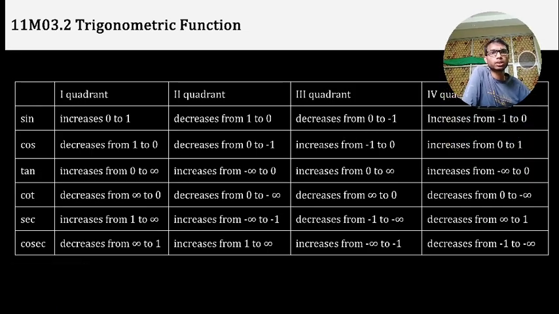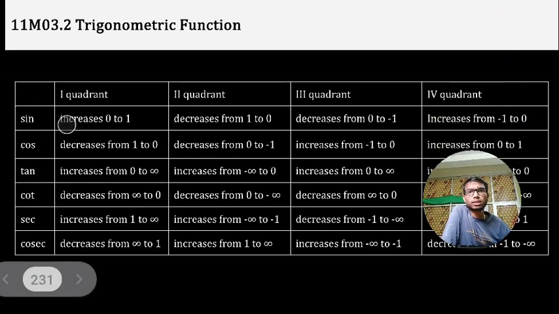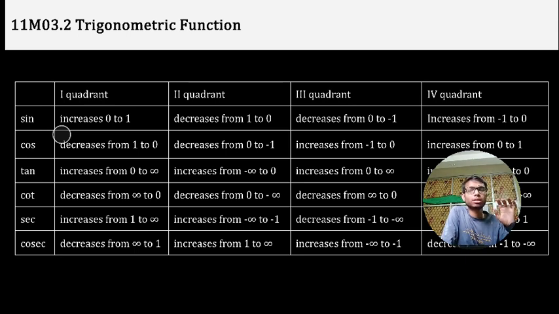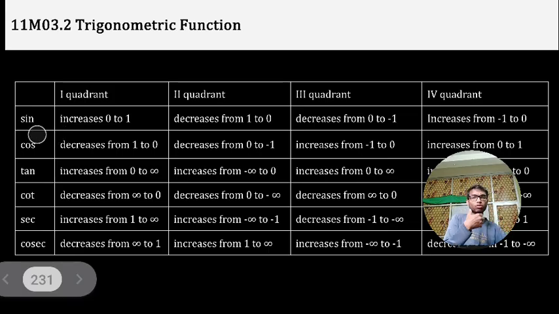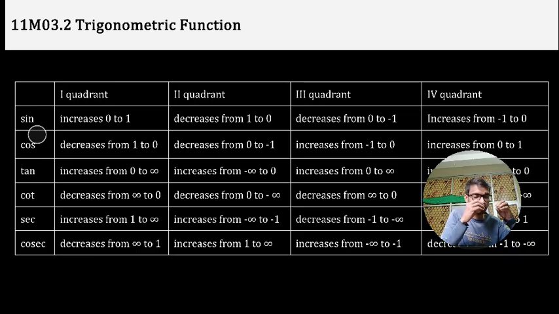You can see it here. It is very important to visualize a circle on the Cartesian plane in the context of trigonometric functions. Sine starts from 0 and increases from 0 to 1 in quadrant 1.